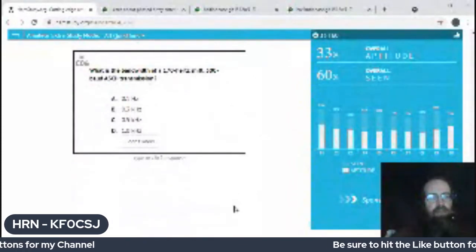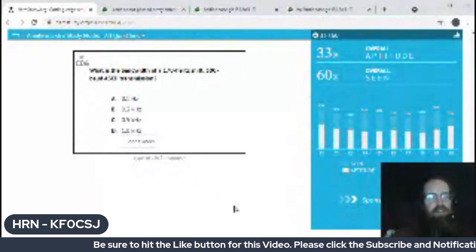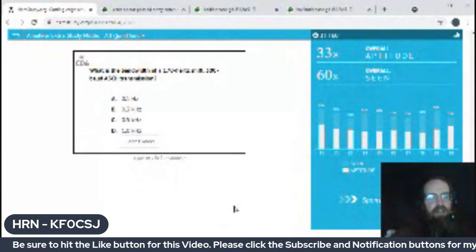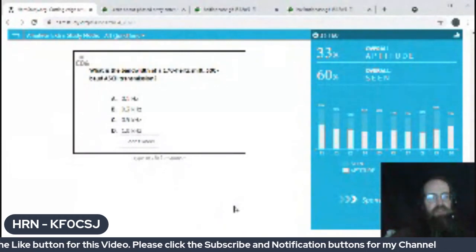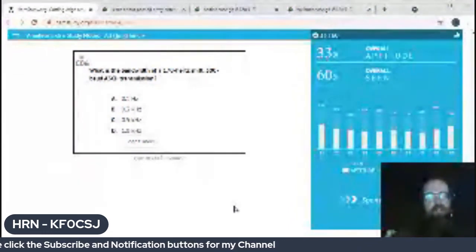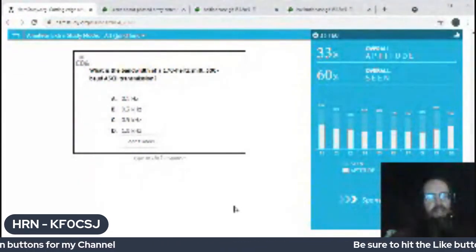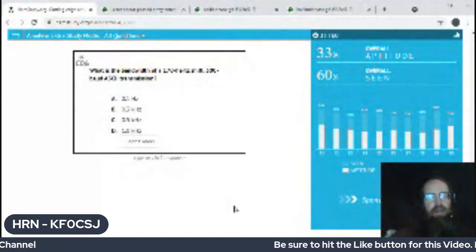What is the bandwidth of a 170 hertz shift, 300 baud ASCII transmission?